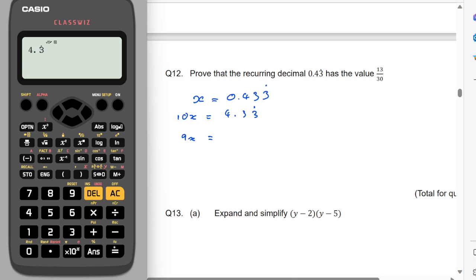And from that, I want to subtract 0.04. Okay, it's not going to let me do that. Right. So that's 10x, and from that I want to subtract 0.43.